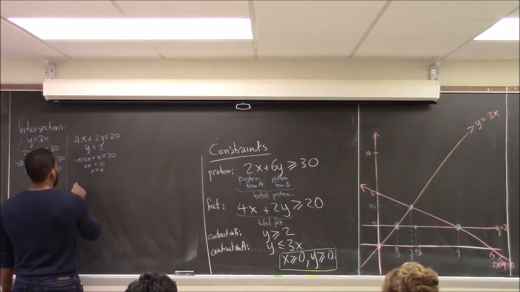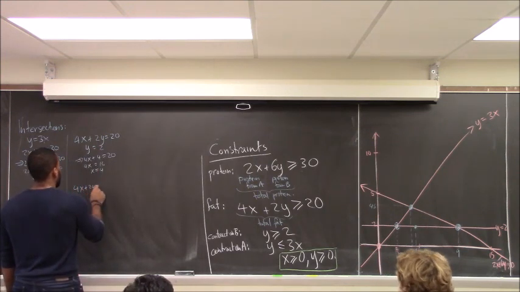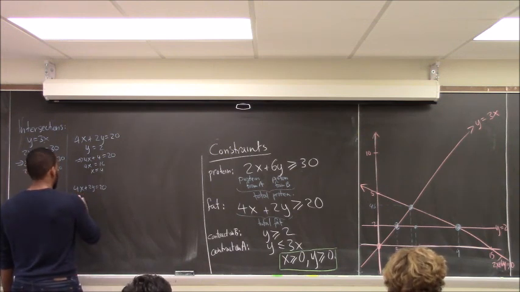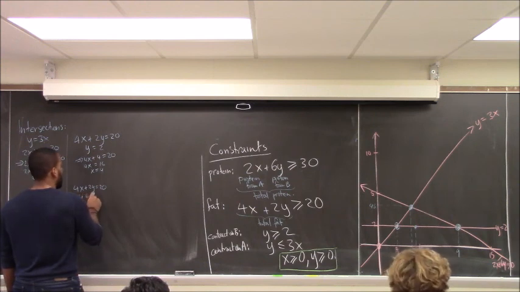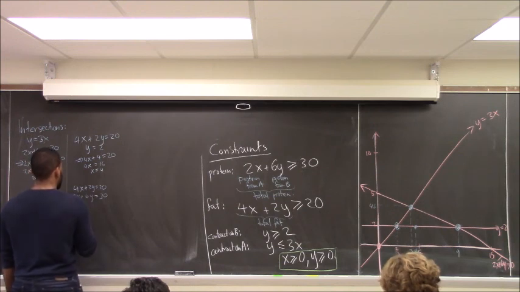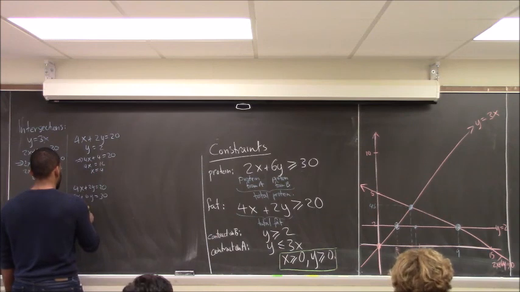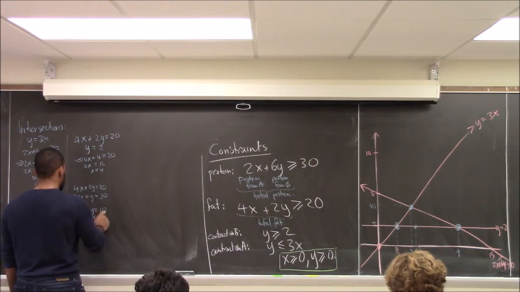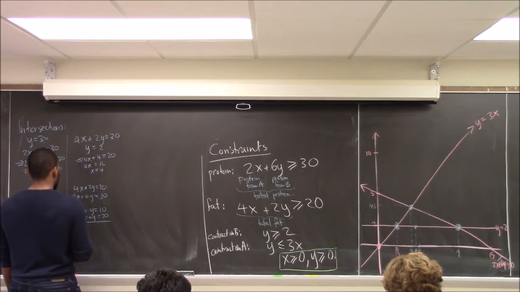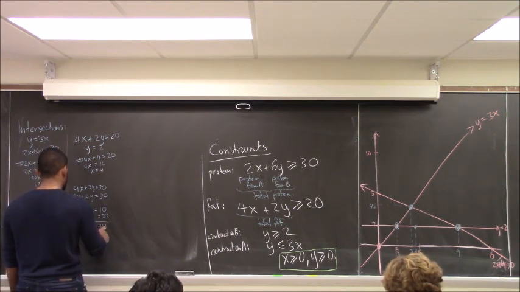What about the 4x plus 2y equals 20 intersected with the other one, 2x plus 6y equals 30? I can reduce the top: 2x plus y equals 10, and 2x plus 6y equals 30. What I can do is take row 2 minus row 1. I would get 5y equals 20, so your y would be 4.